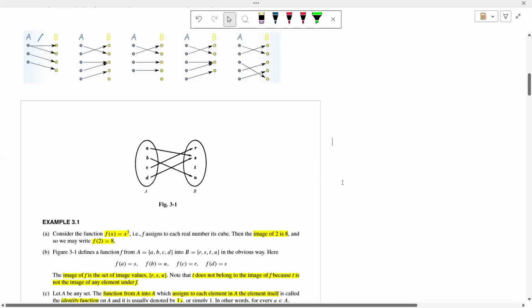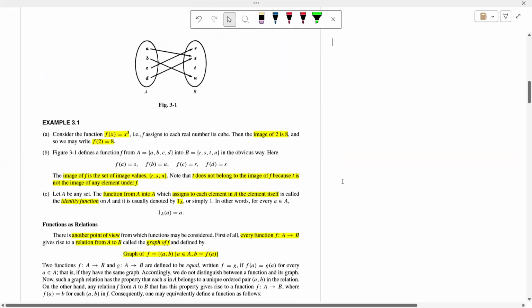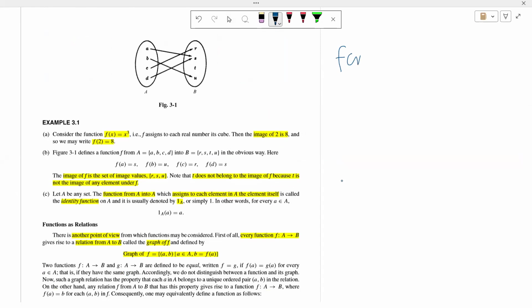Okay, now we will look at an example of a function. Just think about it: they are telling us f of x is a function equal to x cube. So for x, it takes a real number as an input.